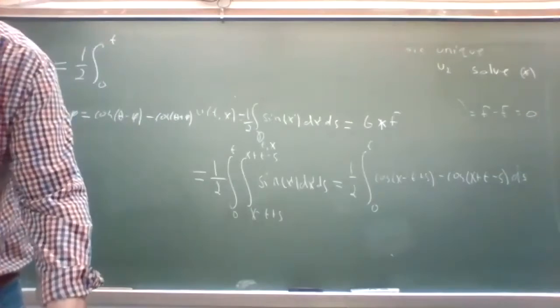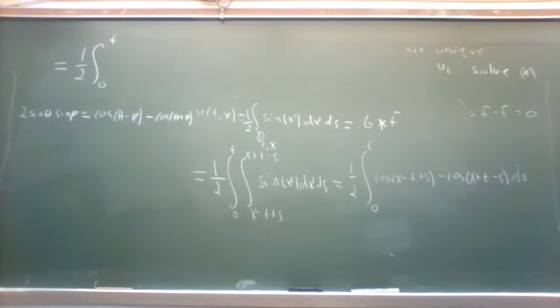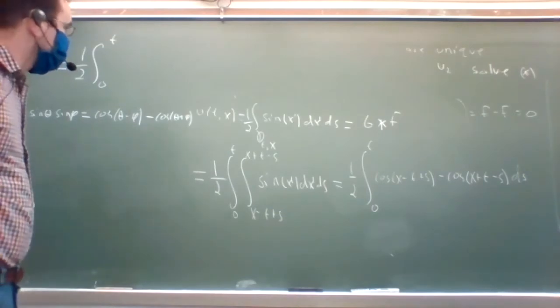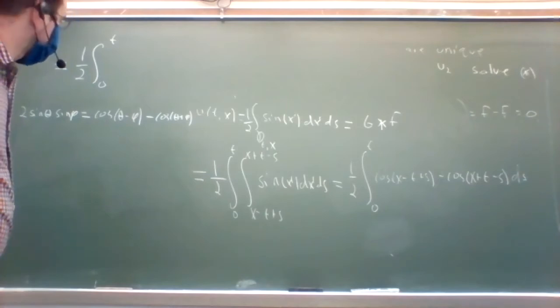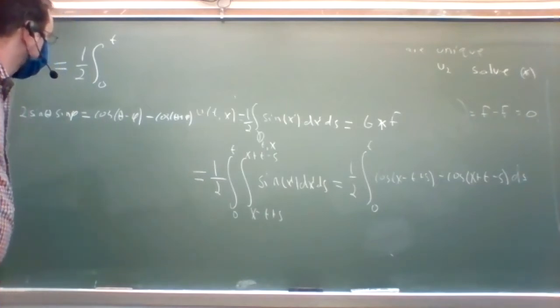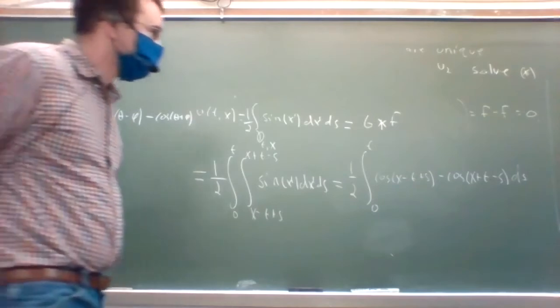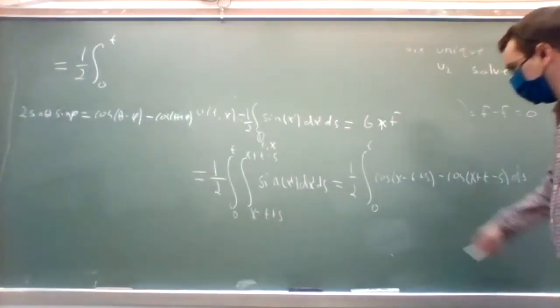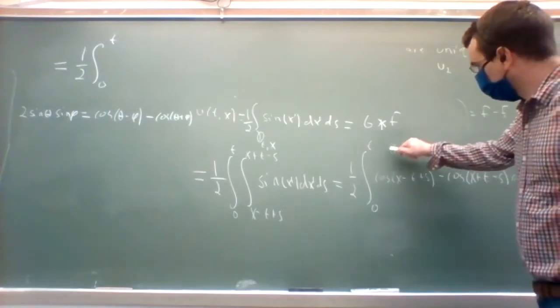And so what does that equal to? I think we can take 2 sine x times sine t minus s. What's your theta and what's your phi? My theta is x and my phi is t minus s.